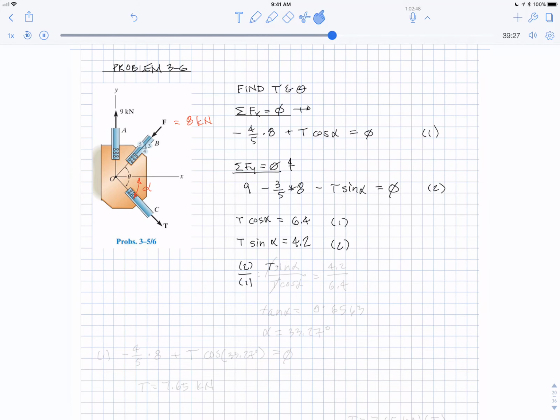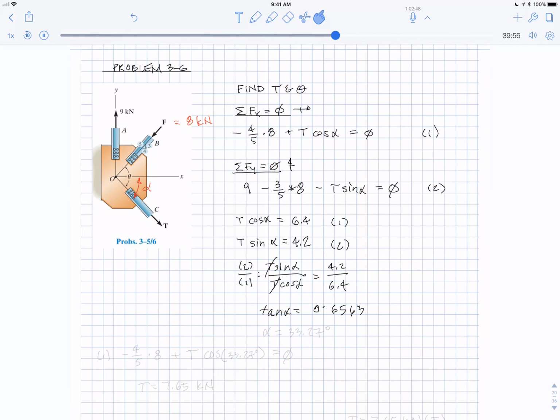So I have T sine alpha over T cos alpha equals 4.2 divided by 6.4. And the T's will cancel out, so you get tangent alpha equals 0.6563.